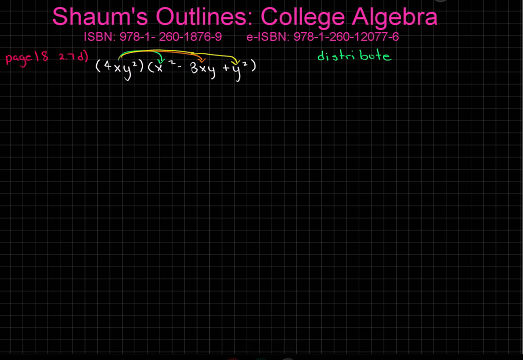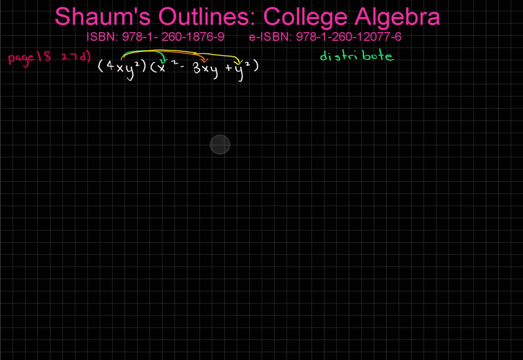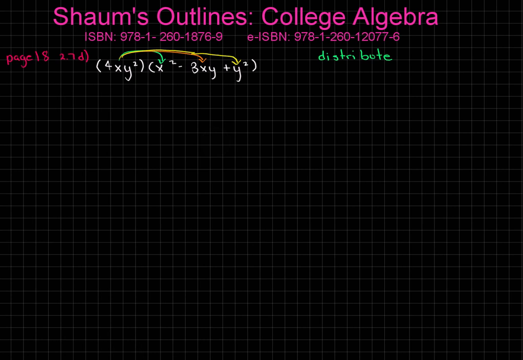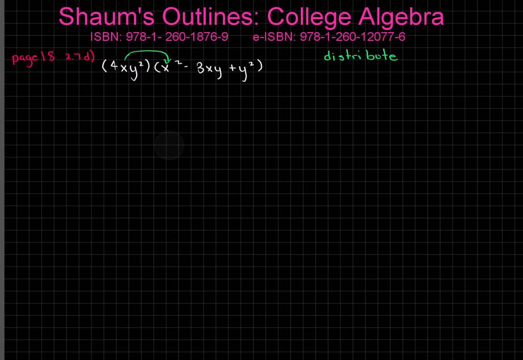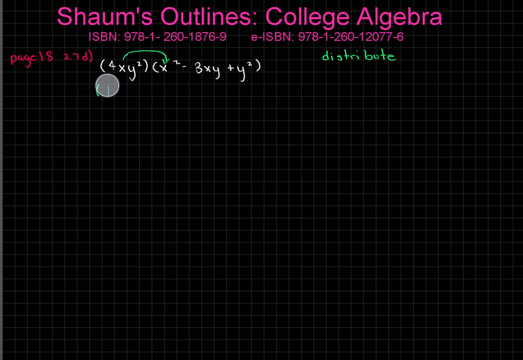My first one, my green one, I have 4xy squared times x squared. So I'll write 4xy squared times x squared.